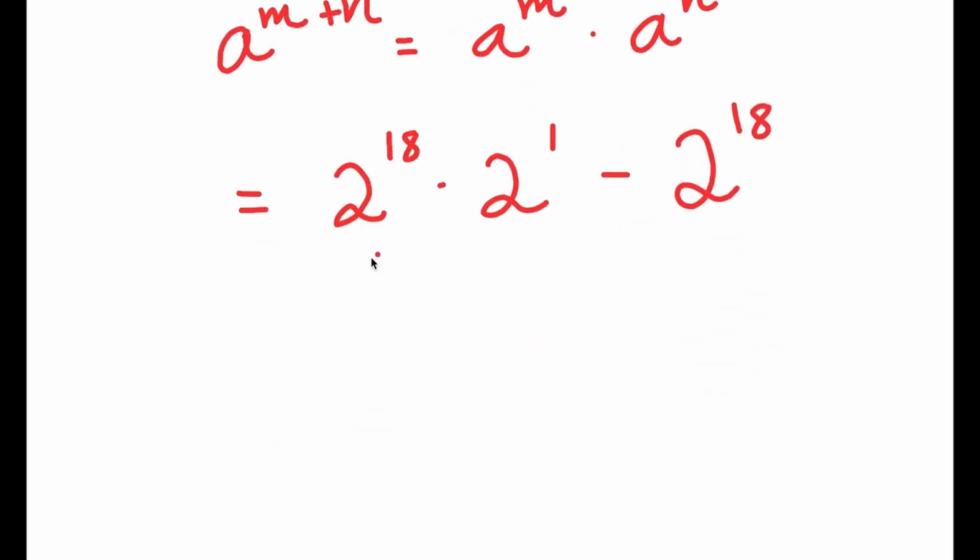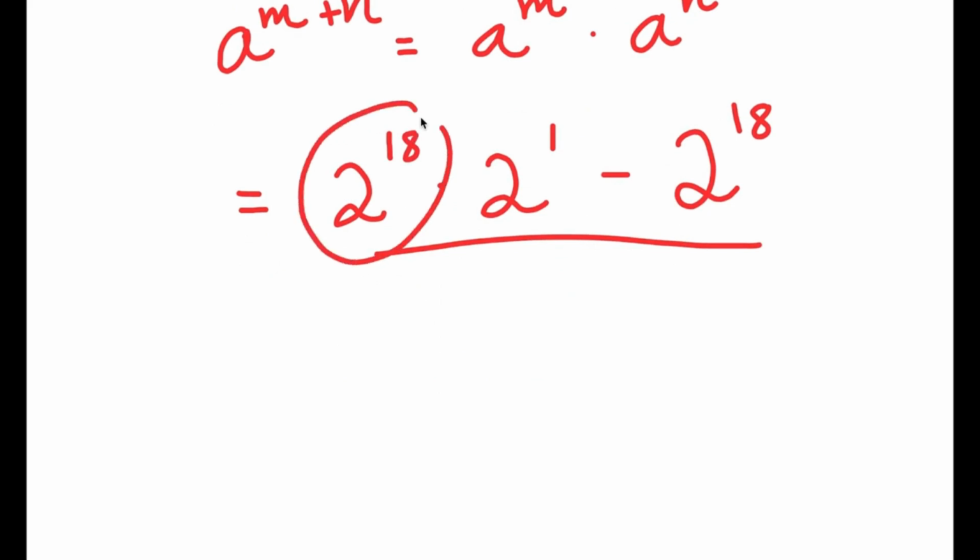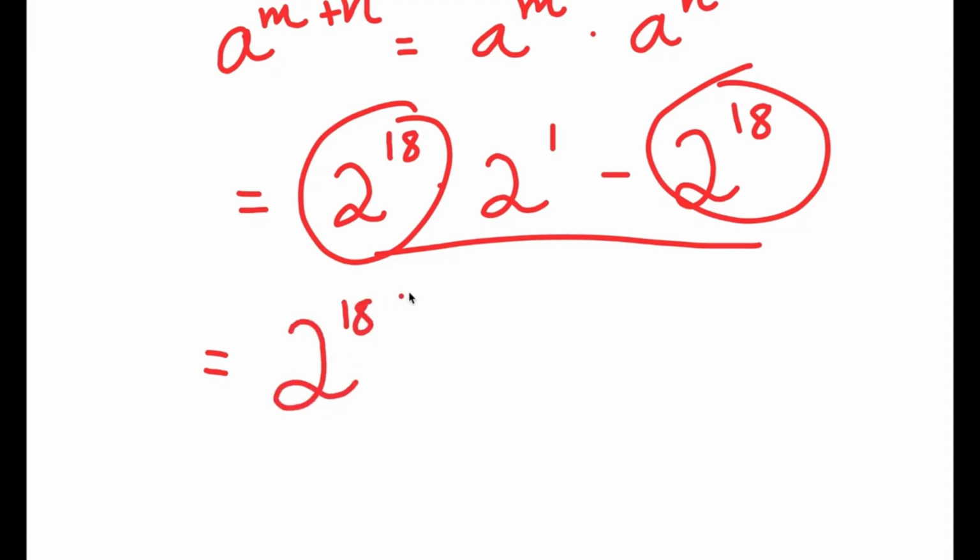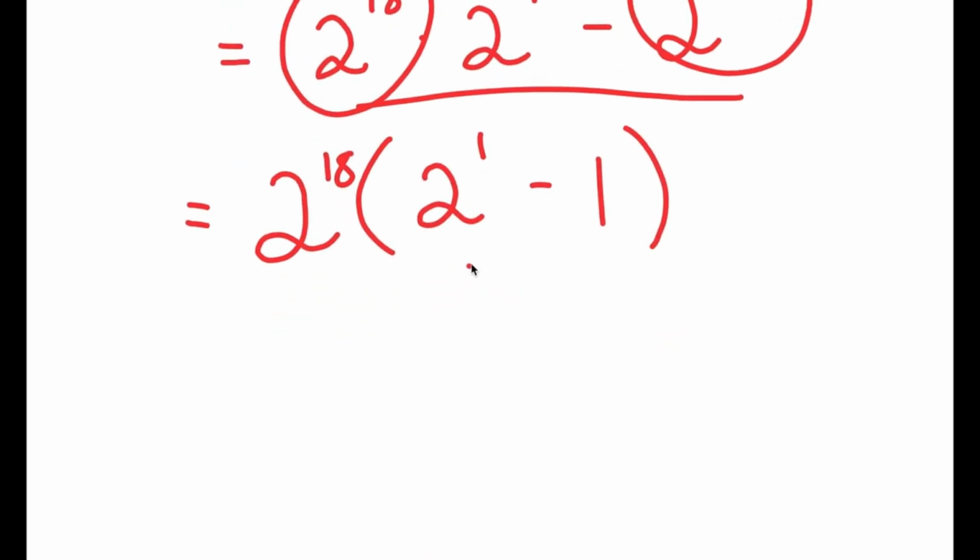Now from here, because I have two terms that are the same, I can factor out 2 to the power of 18. So I get 2 to the power of 18 times, well, 2 to the power of 1 divided by 2 to the power of 18 is simply 2 to the power of 1, and negative 2 to the power of 18 divided by 2 to the power of 18 is negative 1. So I get 2 to the power of 18 times 2 to the power of 1 minus 1.